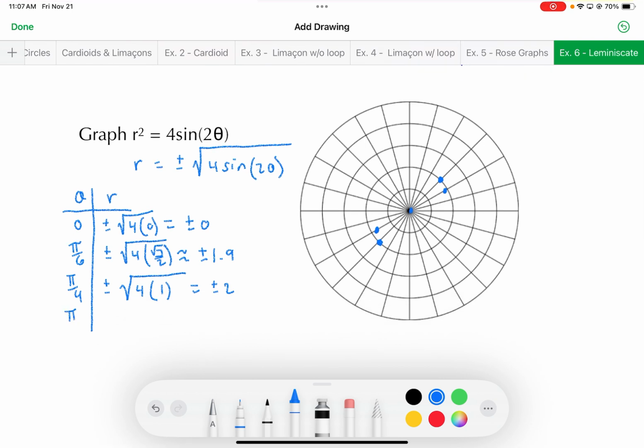Okay, and then the last one I'm going to have to do here is pi over 3. 2 times pi over 3, evaluate that at sine, you get radical 3 over 2 again. That approximates to plus or minus 1.9 as well. So I have a point there when r is positive, and a point there when r is negative.